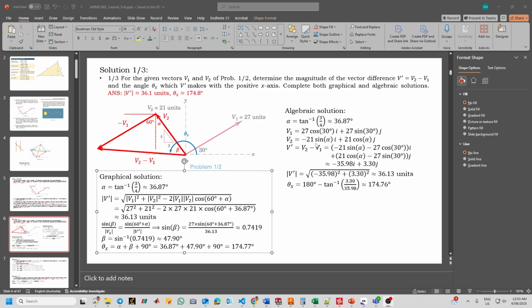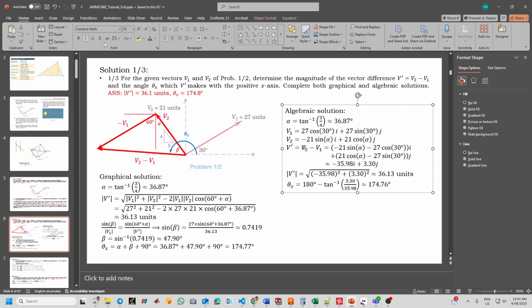But I didn't put cosine of 90 plus alpha, because you know that cosine of 90 plus alpha will be equal to minus sine alpha, and sine of 90 plus alpha will be equal to cosine of alpha. So we have v1 and we have v2, then v prime will be v2 minus v1. There is one problem with this. One of my friends, Dr. Qingyun Wang, helped me to create this.